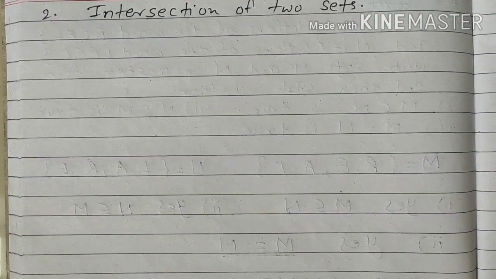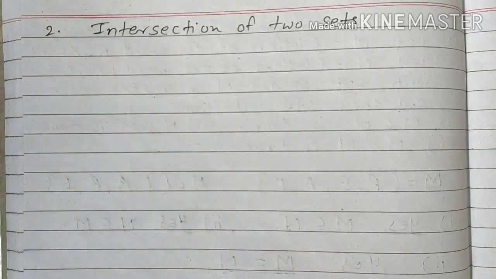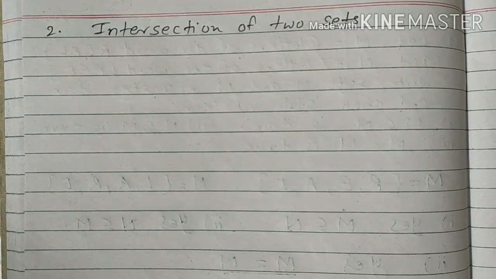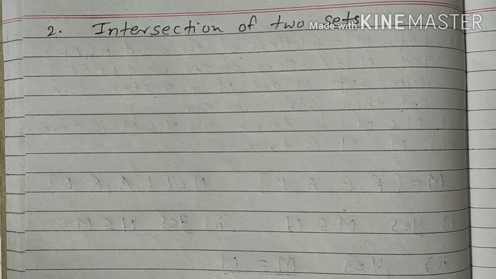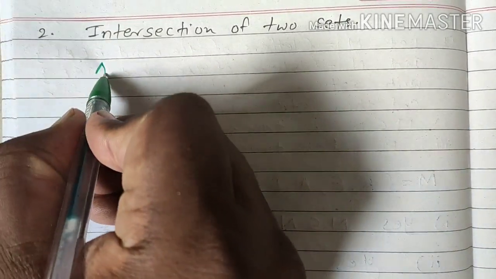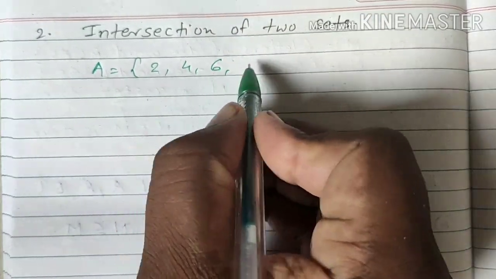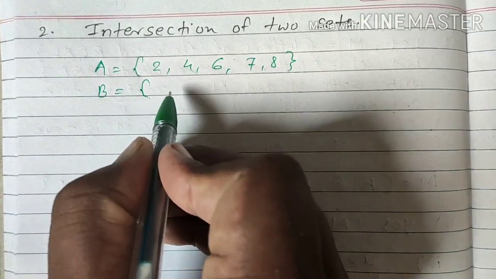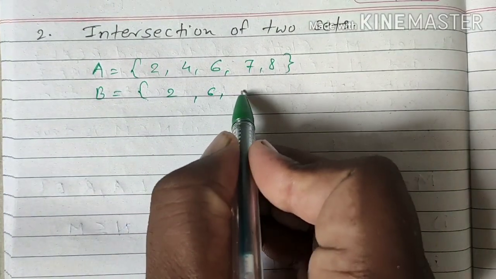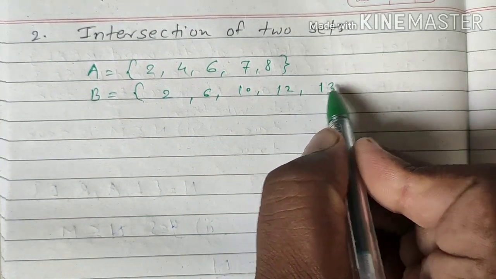Next is intersection of two sets. Intersection means common elements between the two sets. For example, suppose there is the A set with the elements 2, 4, 6, 7, 8, and B set with the elements 2, 6, 10, 12, 13.